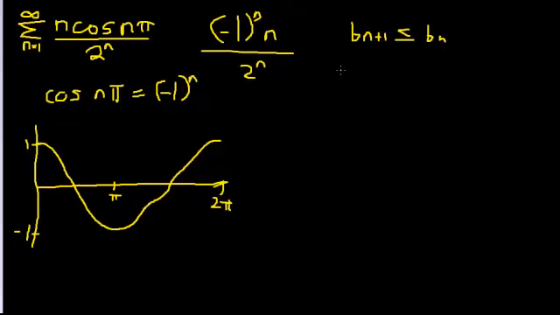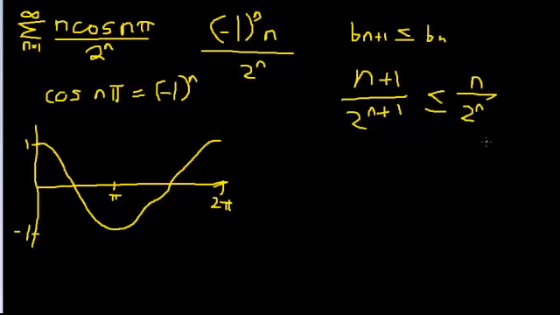So when I put b_(n+1), let's see if it's less than or equal to b_n. That'll be (n+1) over 2^(n+1), compared to n over 2^n.